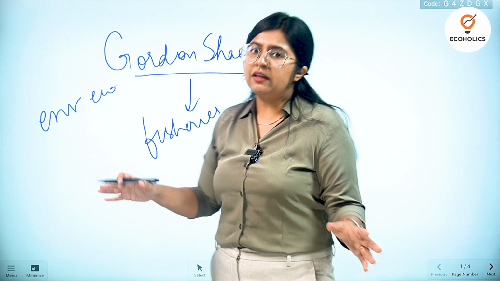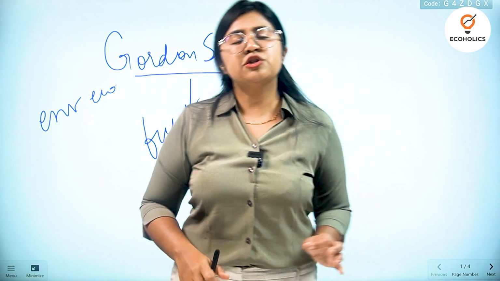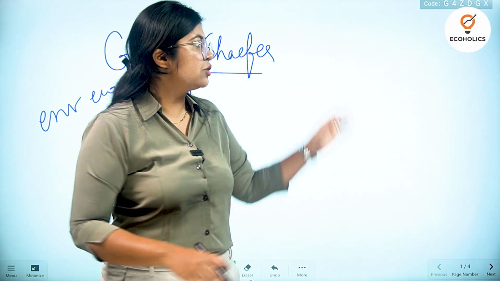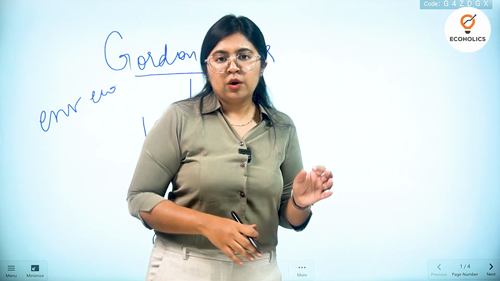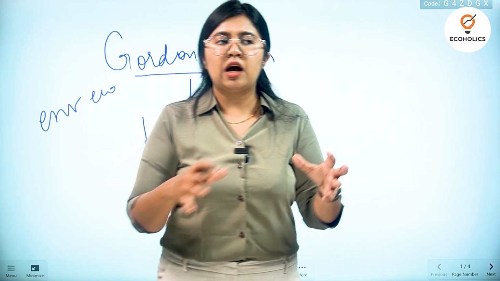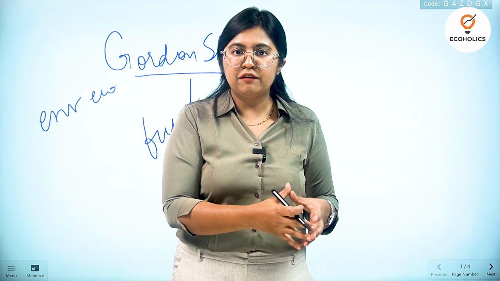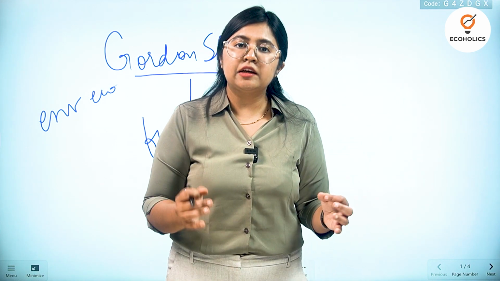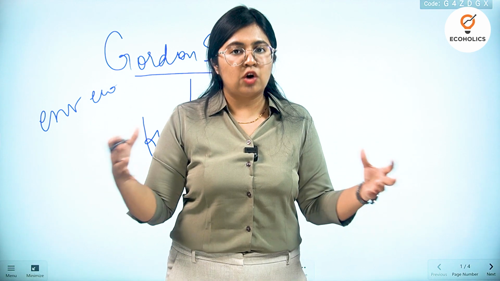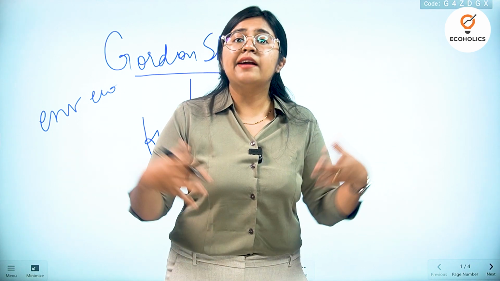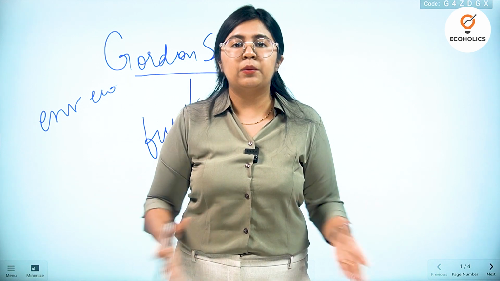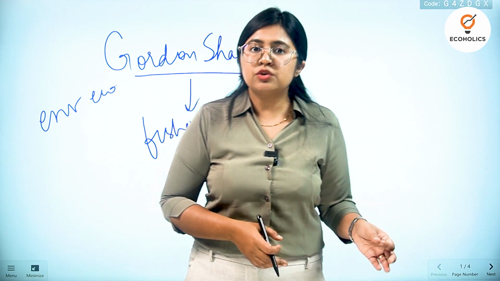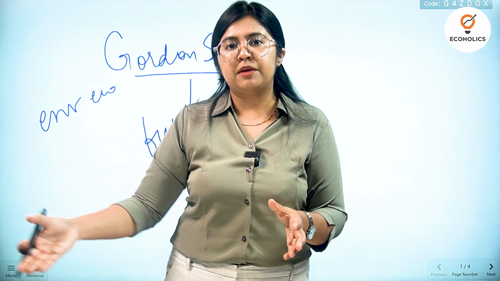Now, why are we learning about this model? Gordon-Schaefer's model of fisheries talks about the bioeconomics of fisheries. We know that fisheries are the aquatic life that are very integral to our economic prosperity, and it's our responsibility to protect this aquatic marine life, which is why it's a bioeconomic model.